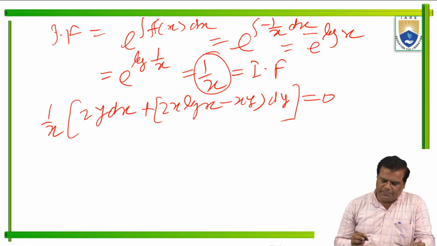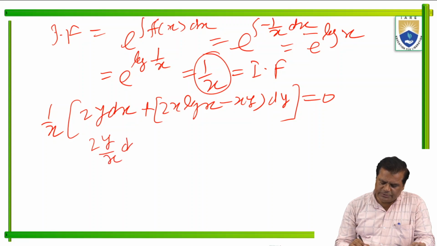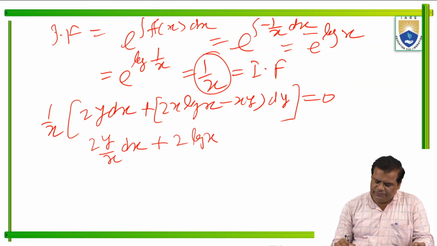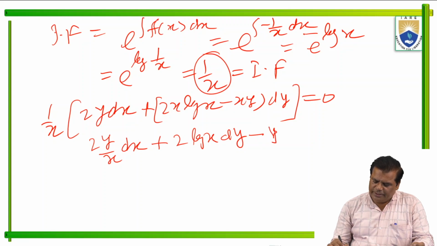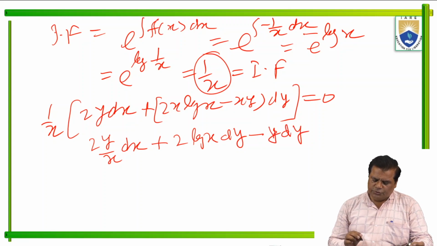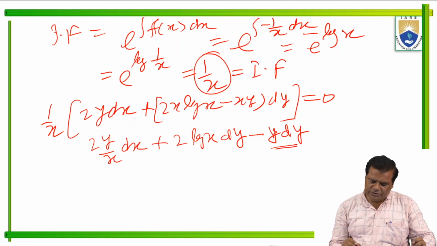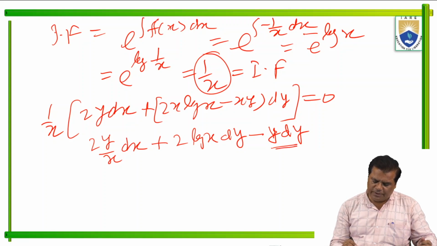So multiply 1 upon x here. So we get 2y upon x dx, plus 2 log x dy, minus y dy. Okay. So here this part is an integrable function and this one is not integrable.